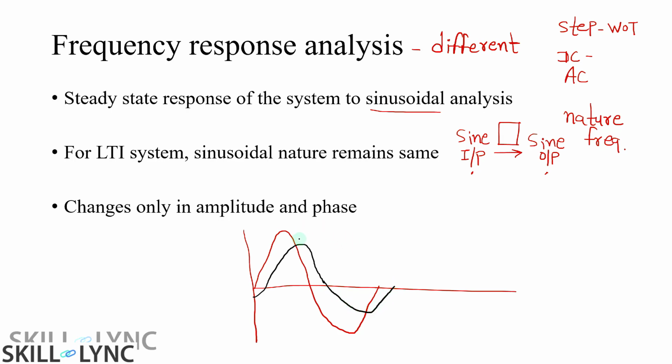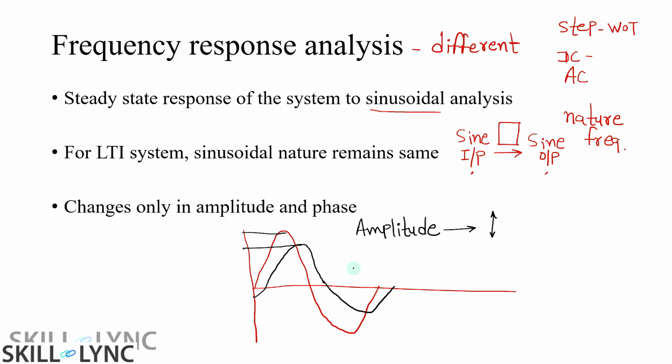With this input and this output, what we have observed, this is input and this is the amplitude of the output. When we consider their amplitudes, it has changed, right? The amplitude has decreased in this case. It can either increase or decrease compared to the input with reference to output.